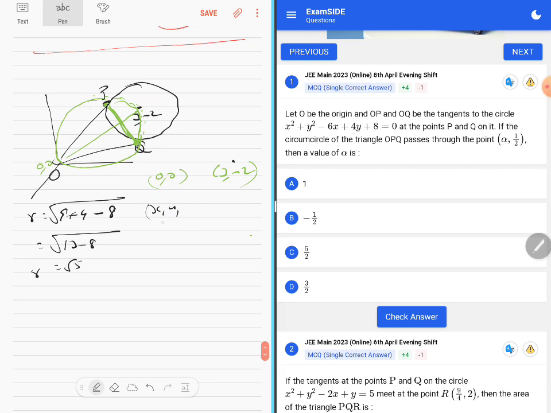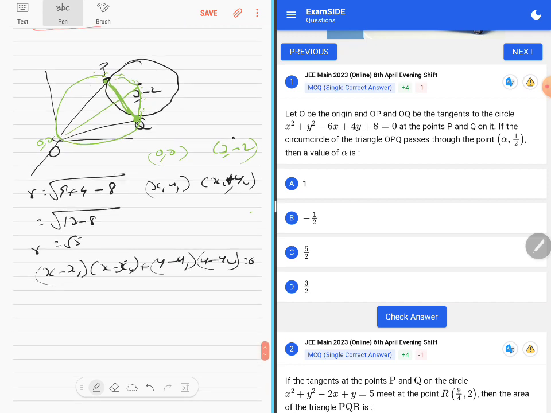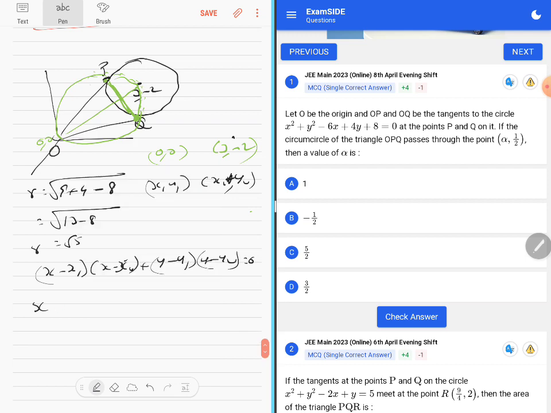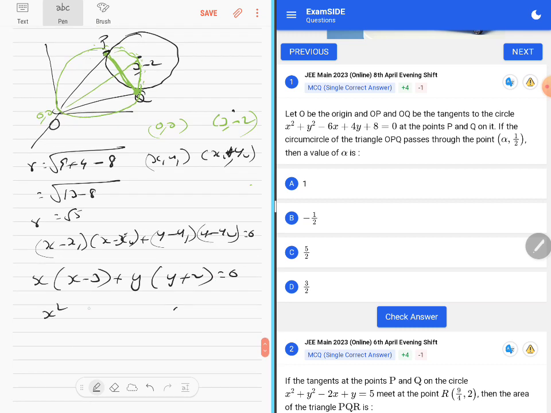Supposing these are (x1, y1) and (x2, y2), the equation of the circle is (x minus x1)(x minus x2) plus (y minus y1)(y minus y2) equals 0. So you write (x minus 0)(x minus 3) plus y times (y plus 2) equals 0. Thus the equation becomes x square minus 3x plus y square plus 2y equals 0.